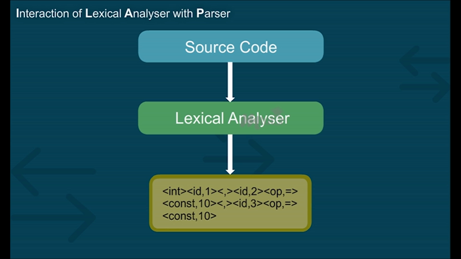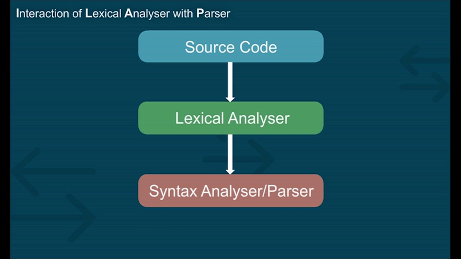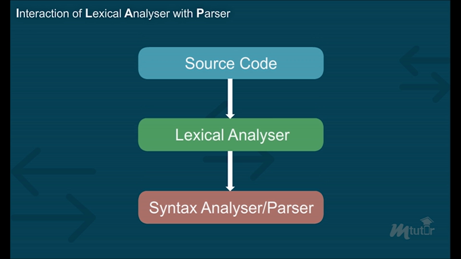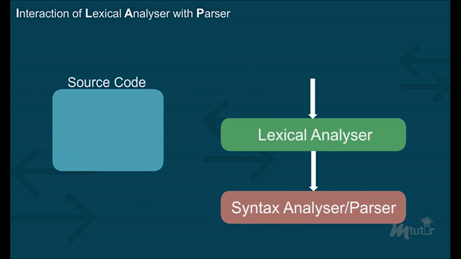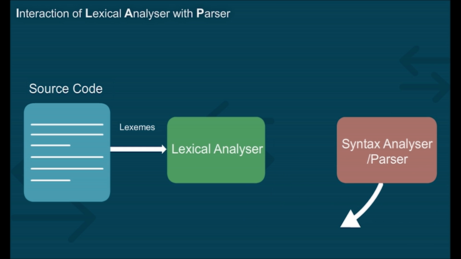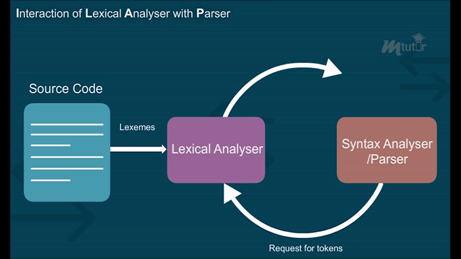Next, the tokens that are produced as the output are used by the parser to generate the syntax tree, which is the next phase of the compiler. The lexical analyzer sends the tokens to the syntax analyzer whenever it demands.